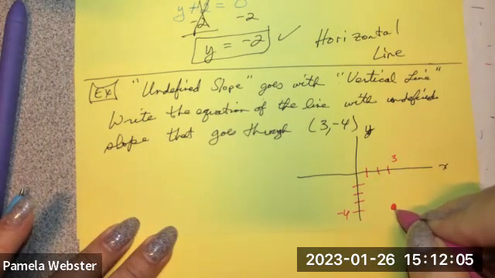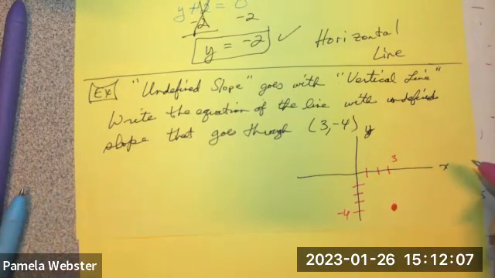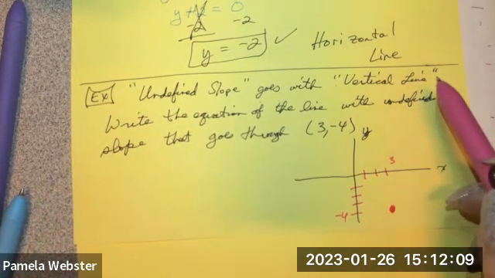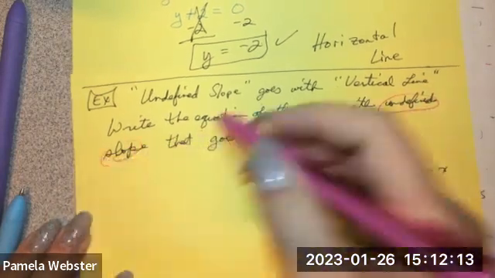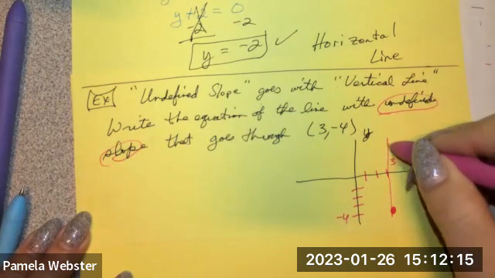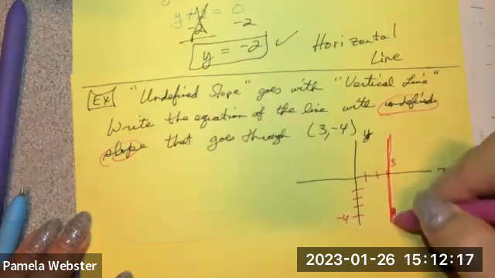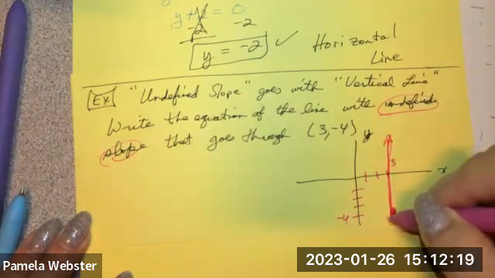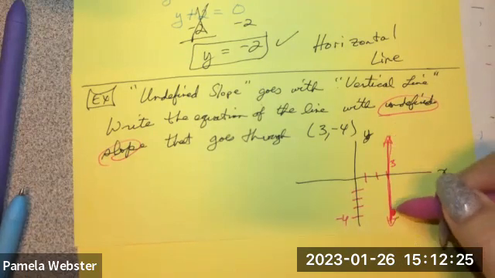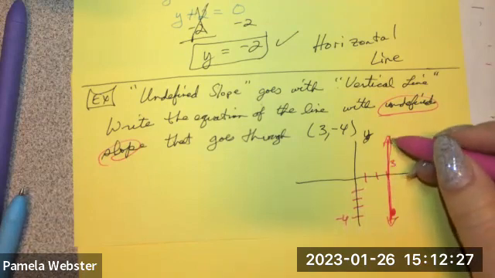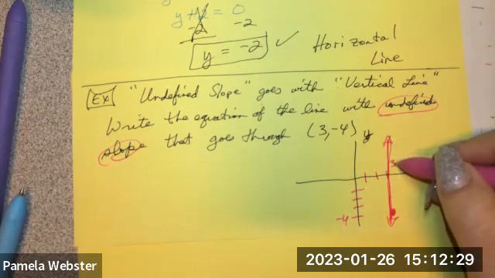Here's this point, 3, -4. And I can say, oh, I know this is going to be vertical because of the undefined slope, right? So that's going to be a straight up and down line. Okay. And just like when we did the horizontal lines and we said, oh, the y value is always -2, here the y values are changing, but my x value is always the same thing, right?